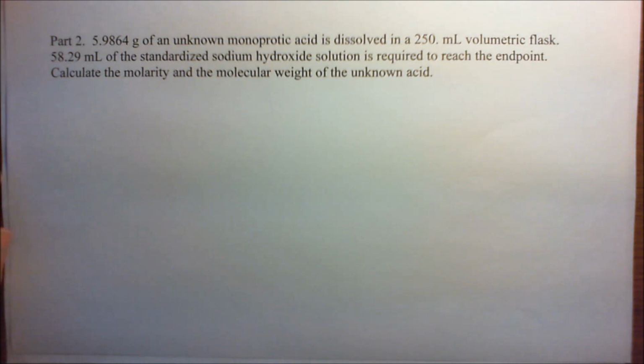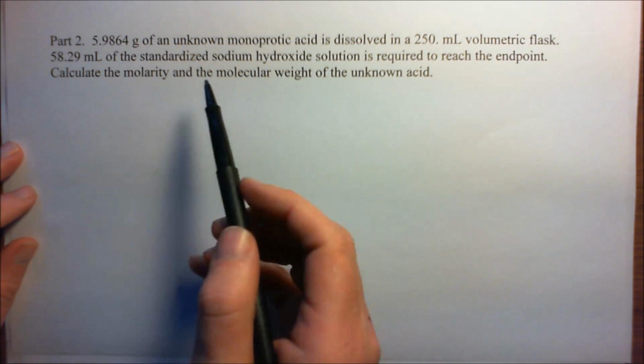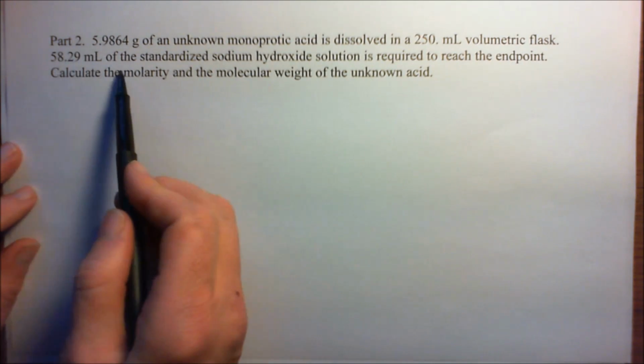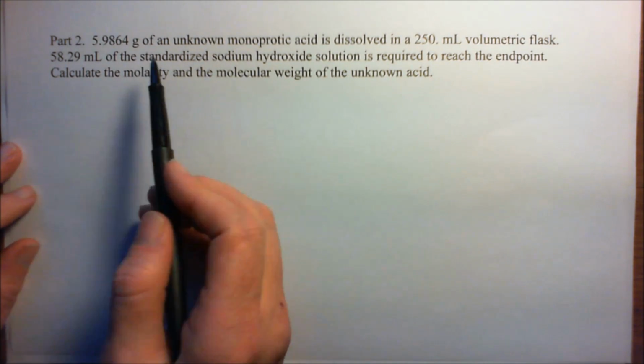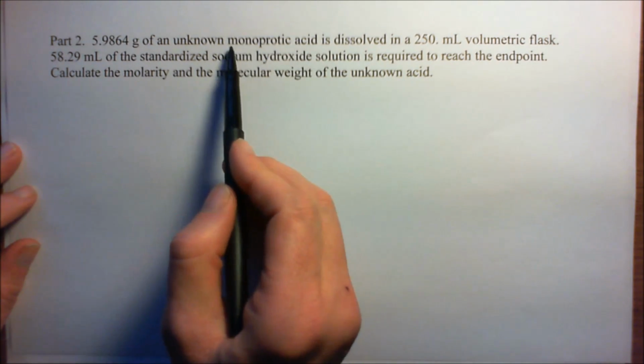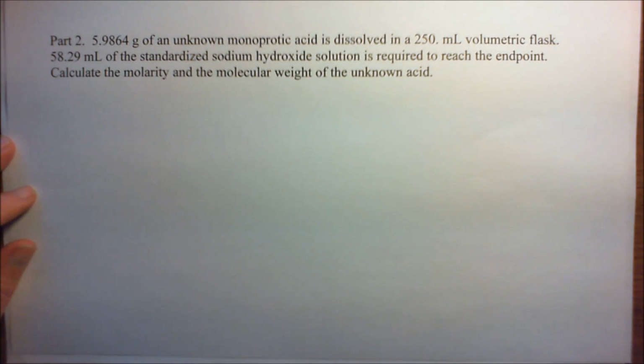So being monoprotic allows us to make a 1-to-1 mole ratio, which means however many moles of standardized hydroxide solution that we use for the titration is going to be exactly equal to the number of moles of monoprotic acid, which is dissolved in a 250 milliliter volumetric flask.